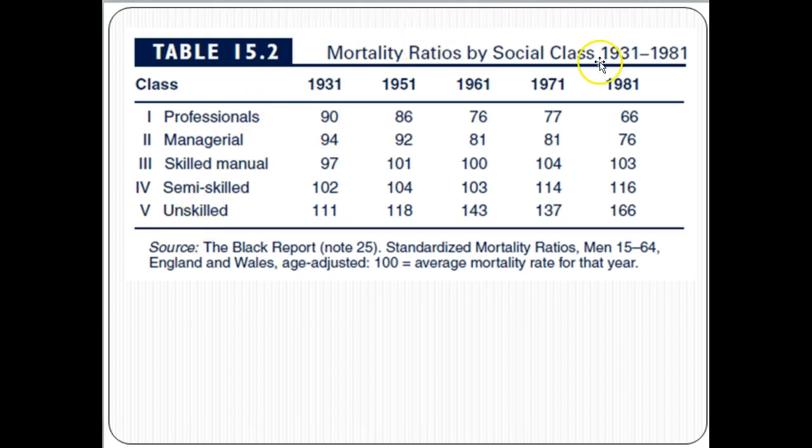Now, if you look at mortality ratios, 1931, okay, 90 versus 111. When you jump to 1981, however, 66 versus 166. And this has been happening in large part because of the transfer of wealth between classes, as the higher incomes have been gaining more money, whereas the lower incomes have been getting a smaller piece of the pie.